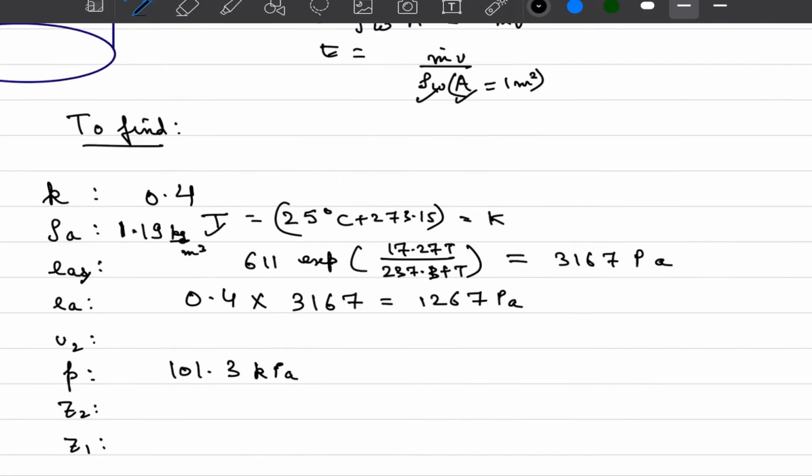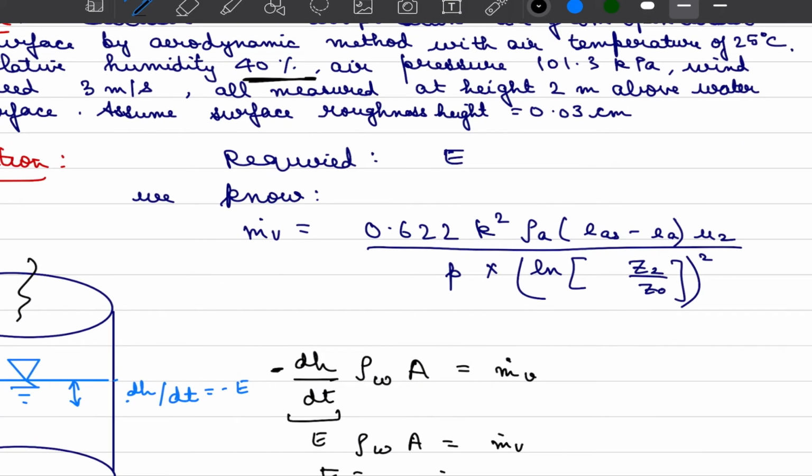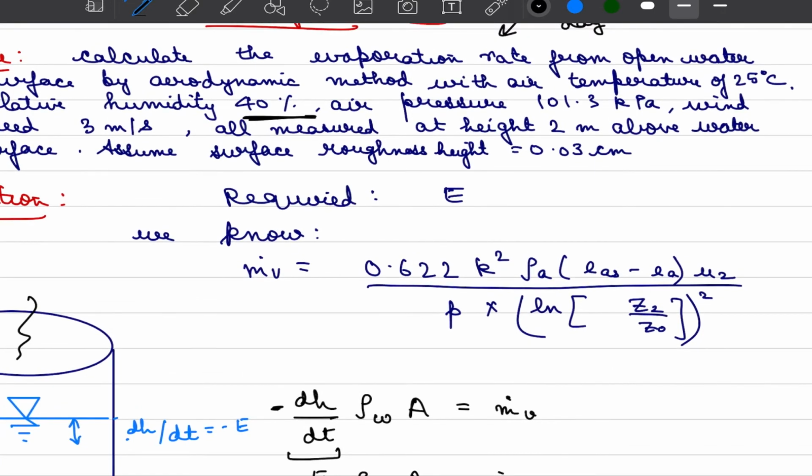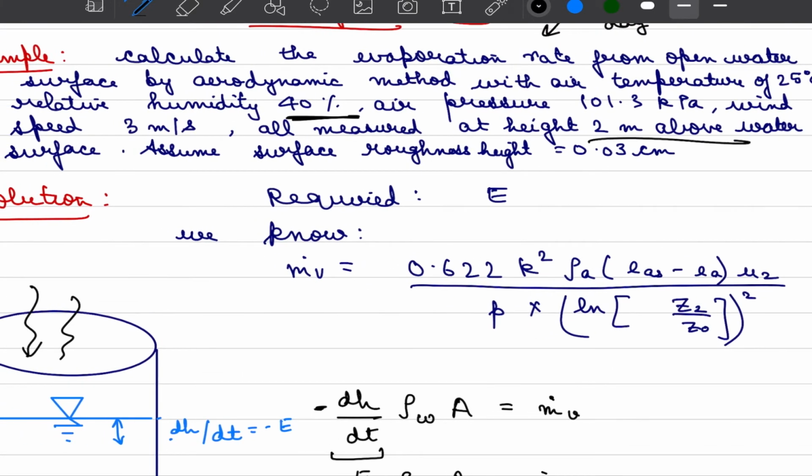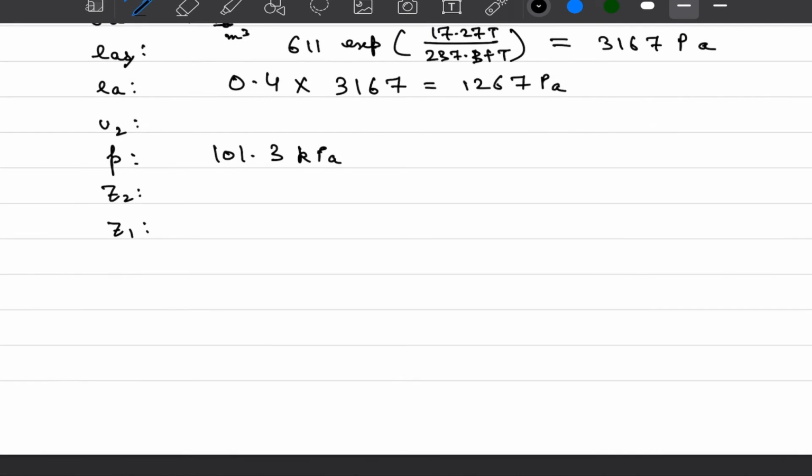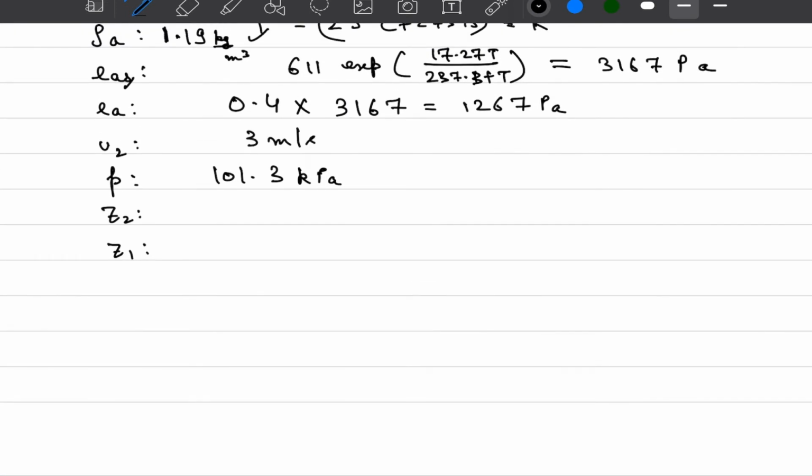U2 in this case is the velocity that we are measuring at a certain height. It is given that at 2 meter above the water surface, wind speed is measured as 3 meter per second, and that also means our Z2 is equal to 2 meter. Z1 in this case is 0.03 centimeter, and we can convert it to meter, which would be 3 into 10 to the power minus 4 meter.